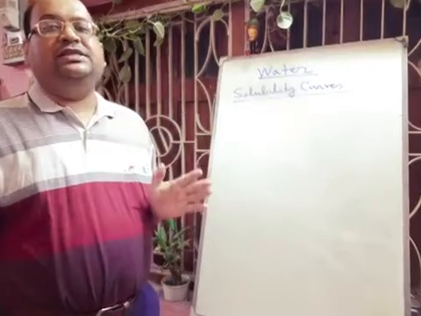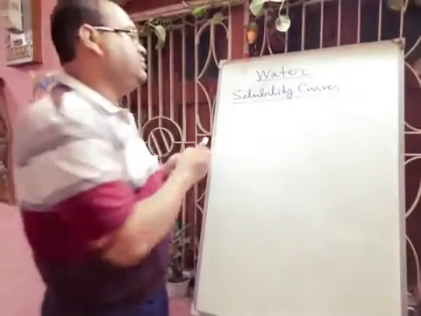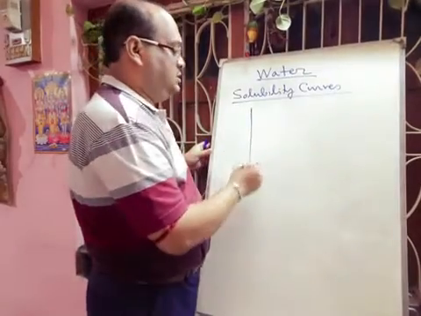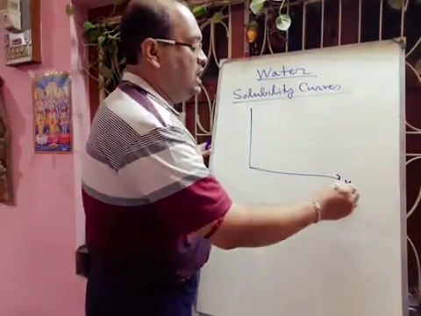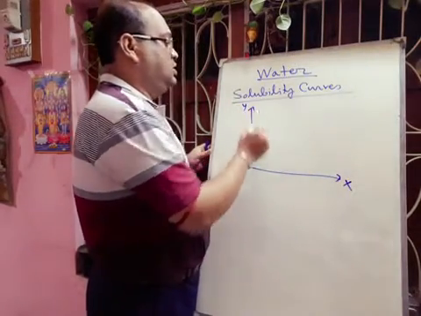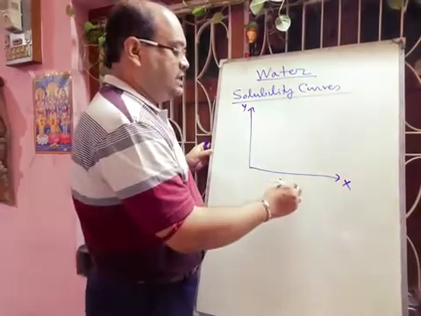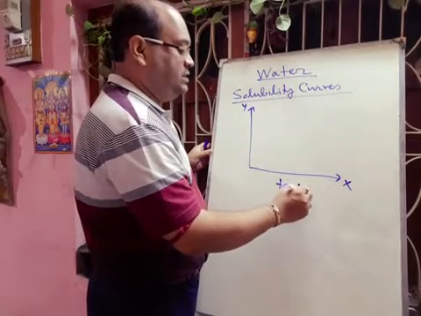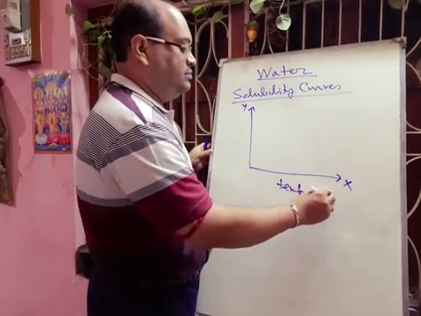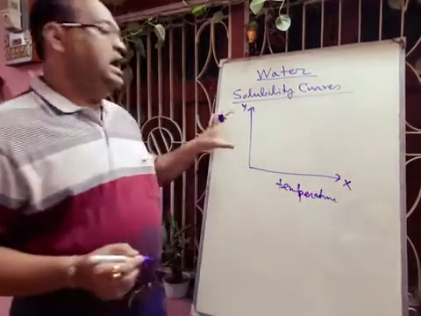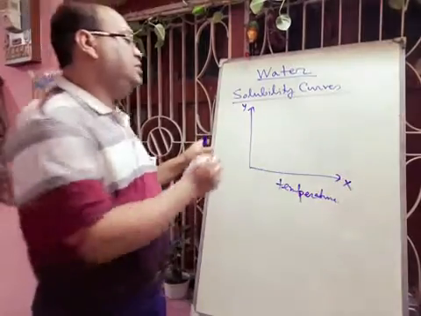Here the temperature is plotted along the x-axis, and the solubility is plotted along the y-axis.